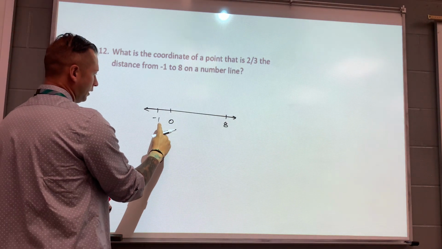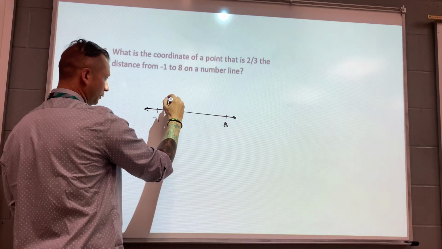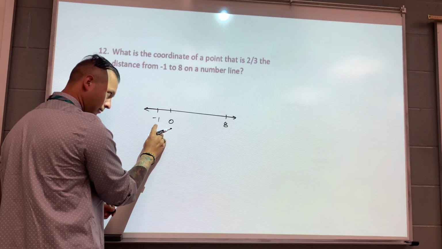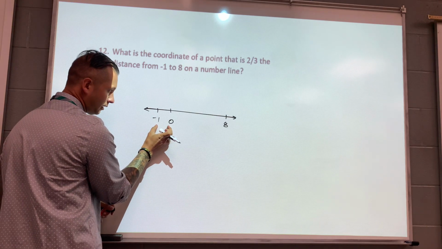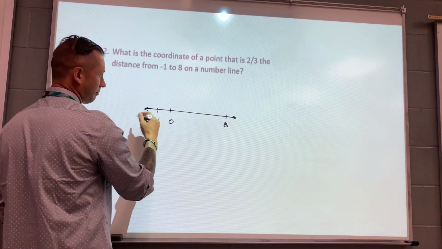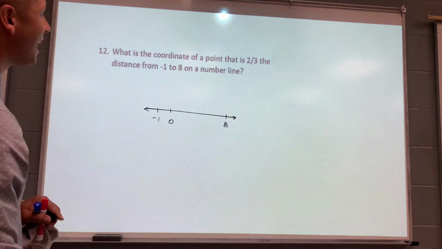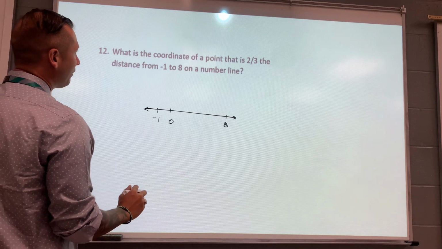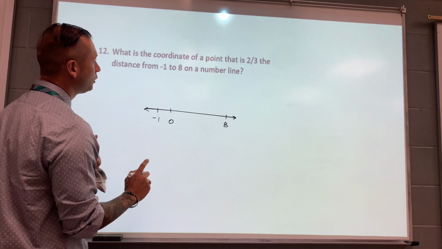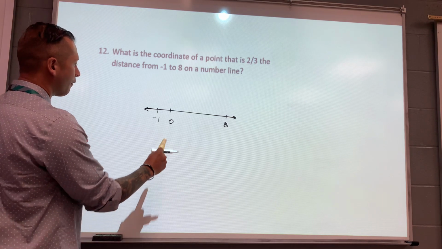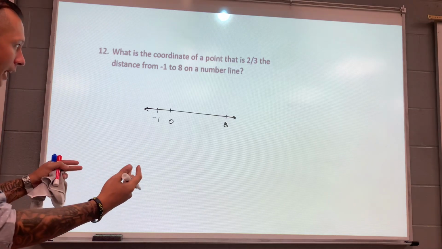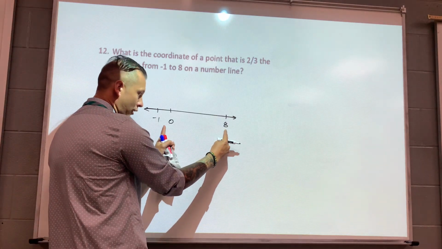So this total distance from 0 to 8 is 8. From 0 to -1 is 1 unit. So 1 unit plus 8 units is 9 units. I know that for a fact. That's 9 units. However, we're looking for the coordinate of a point that is 2/3 the distance from -1 to 8. So I need to split 9 units into thirds.